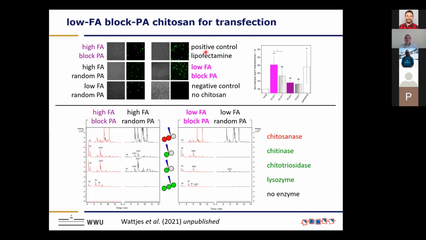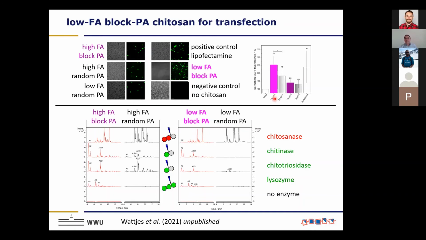If we use a positive control with lipofectamine to help the DNA get into the cells, we can clearly see transfection. And we can see that this chitosan, which has a low fraction of acetylation, but a blockwise distribution of the acetyl groups, has an even stronger or equally strong transfection activity as lipofectamine, which you can also see here.